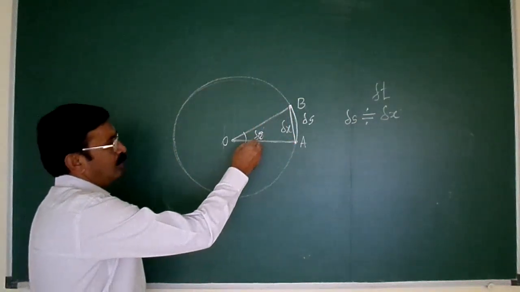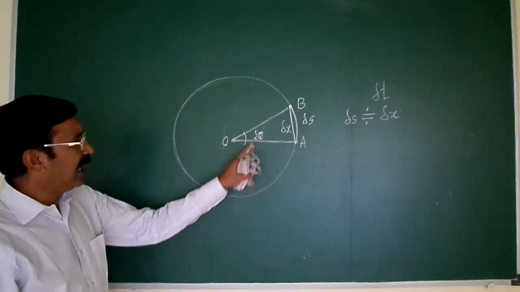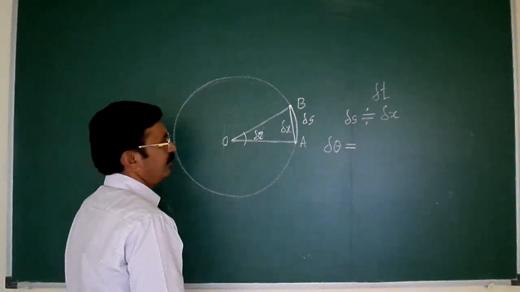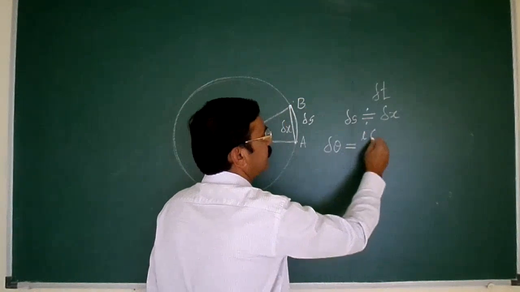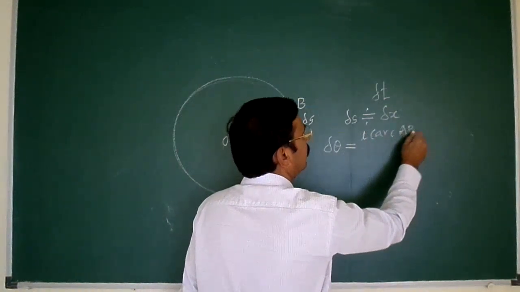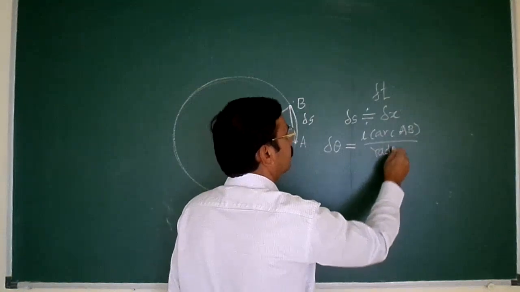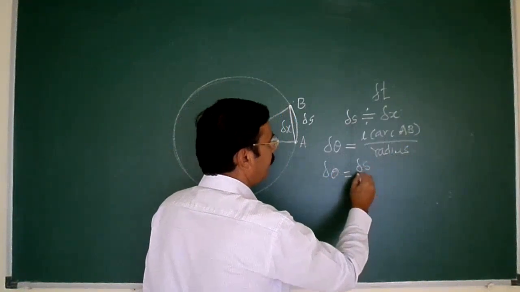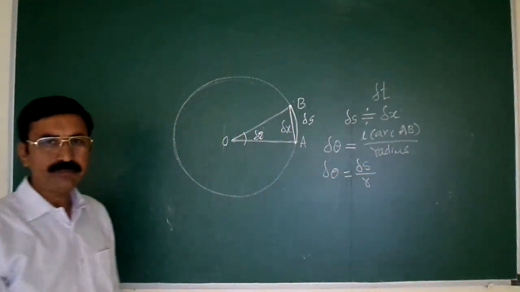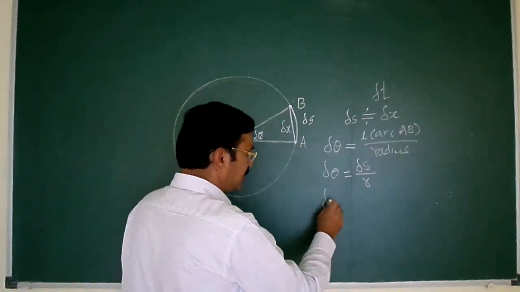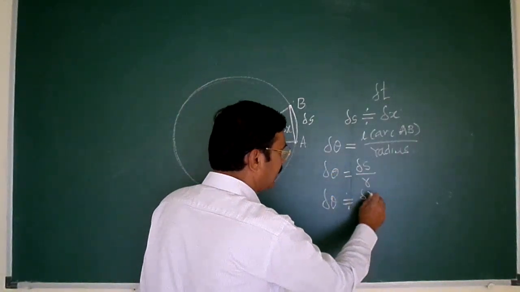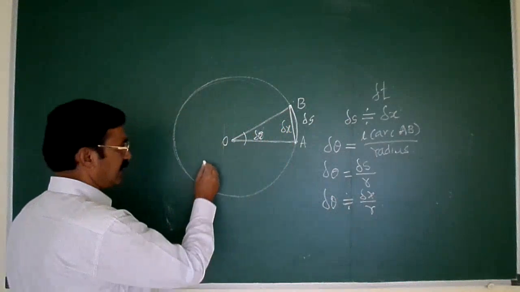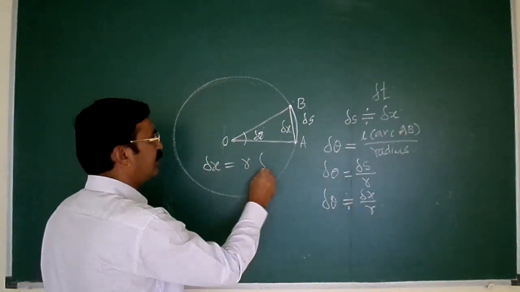Now, by definition, angle delta theta is given as the length of arc AB upon the radius. So delta theta will be equal to delta S upon R. But we can write delta theta is approximately equal to delta X upon R. So we can represent this relationship as delta X is equal to R into delta theta.